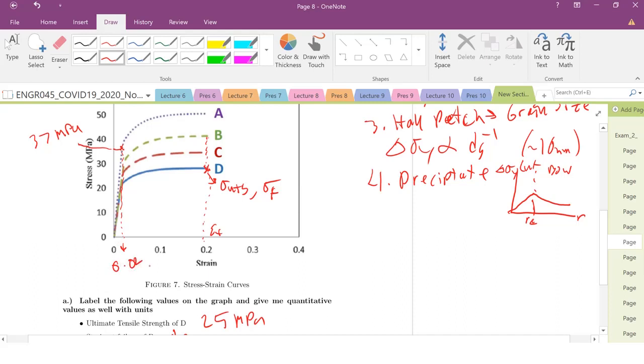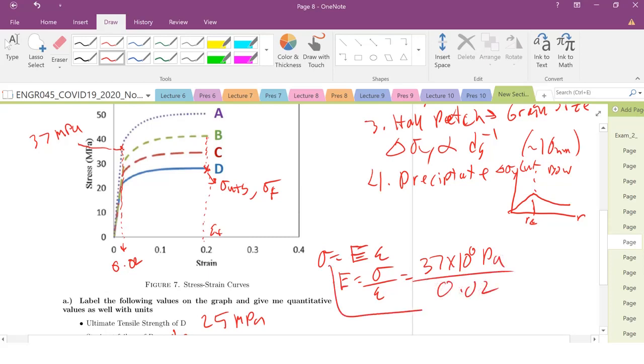So in this regime, it's linear. We produce these curves with a uniaxial tensile test, so I can use Hooke's law. Hooke's law is just Young's modulus times your strain value. So my Young's modulus is going to be stress over strain, which is equal to 37 times 10 to the 6 pascals divided by my strain value, which is 0.02, and you can check the math on this one.